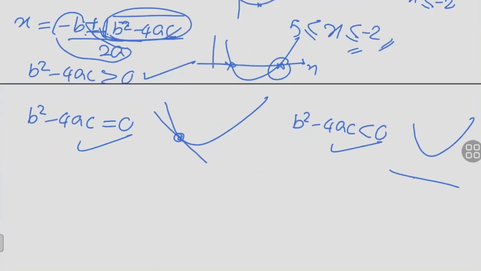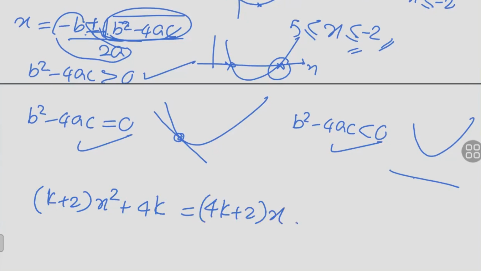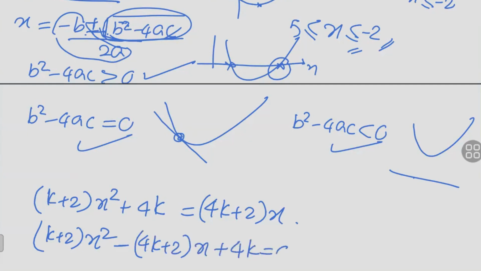Now, if you get a quadratic equation with some constant value, like k plus 2 times x squared plus this, they give it in a confusing way. So make it a normal quadratic equation like this: k plus 2 x squared minus 4 times k plus 2 x plus 4k equals 0, right?